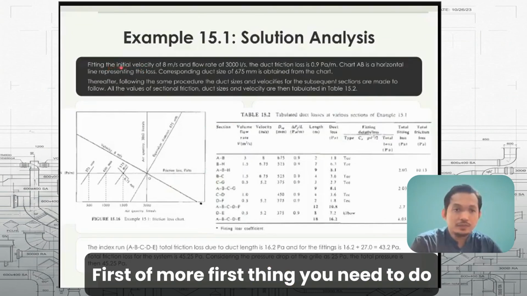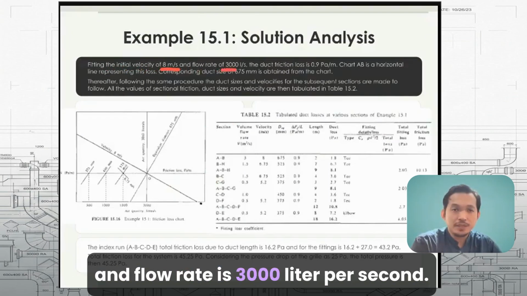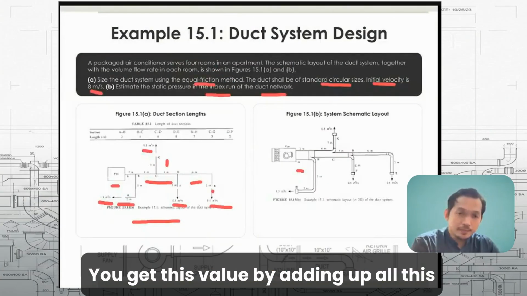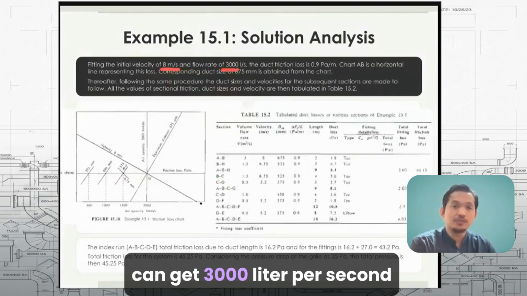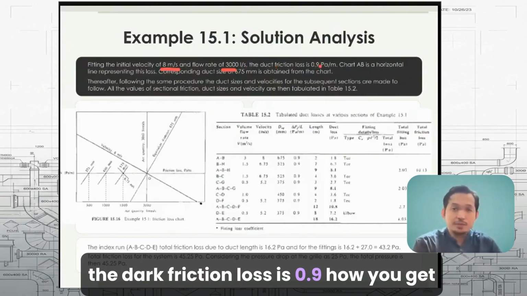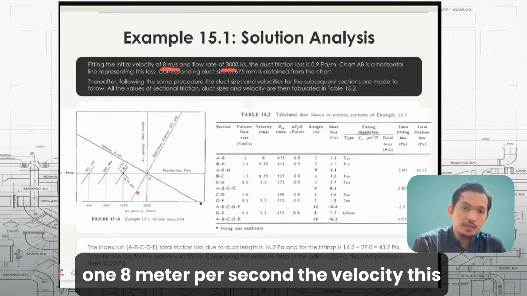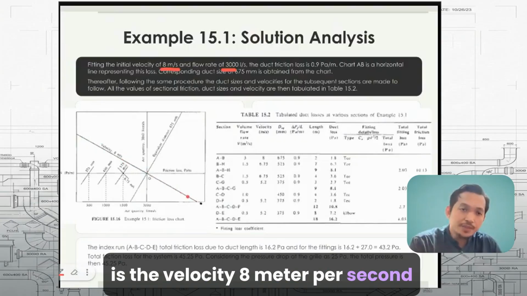To solve this, first the initial velocity is 8 meter per second and the flow rate is 3000 liter per second. You get this value by adding up all the outlet volume flow rates. The duct friction loss is 0.9. How do you get that? You open your duct friction loss chart. The inclined line from left to right is the velocity, 8 meter per second.